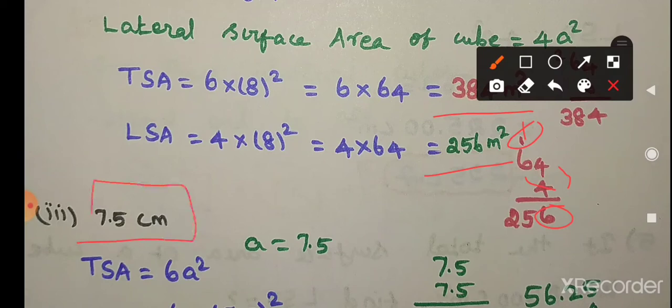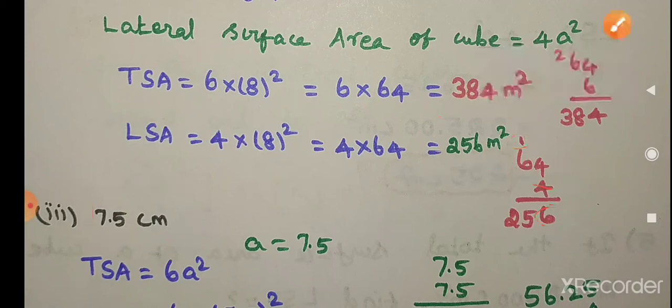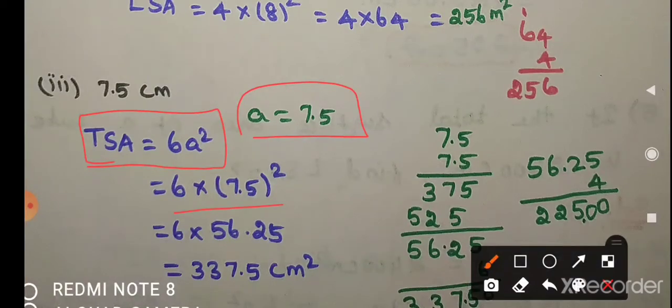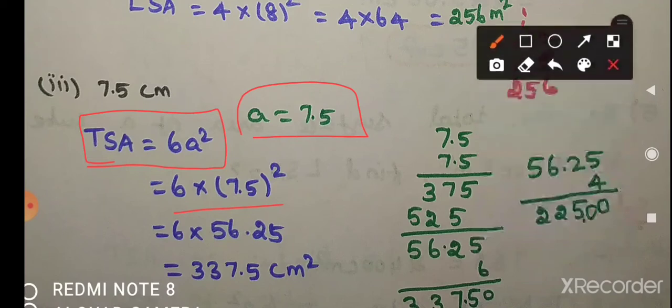The side is 7.5 centimeter. What is the TSA formula? The TSA formula is 6a square, cube, so 6a square. Here a is 7.5. So 6 into 7.5 whole square. 7.5 whole square is equal to 7.5 into 7.5. 5 into 5 is 25.